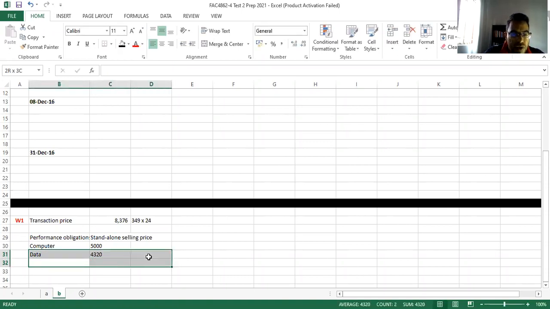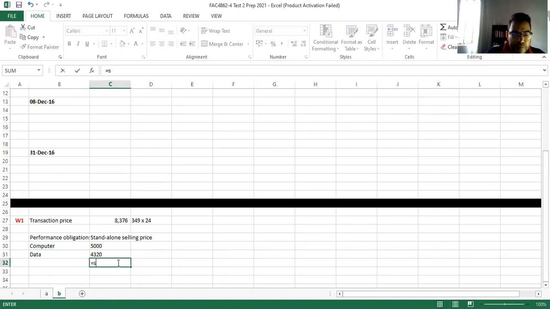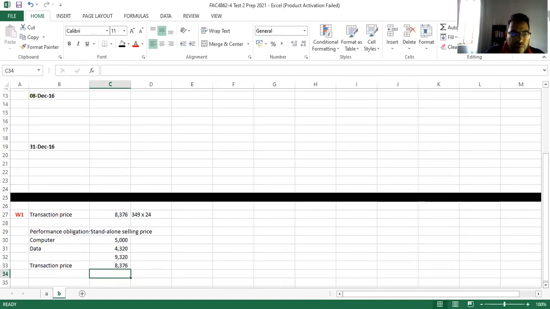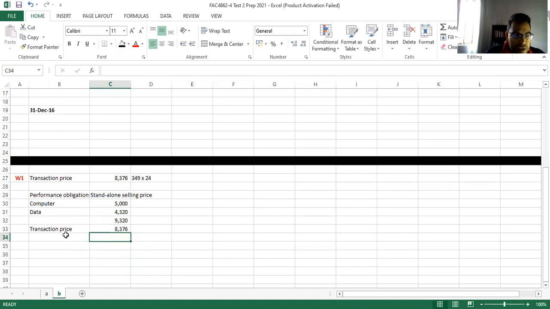So the total would be the sum. We just put in the transaction price over here. So here we can conclude, is there a discount?